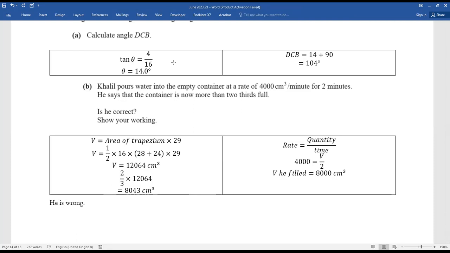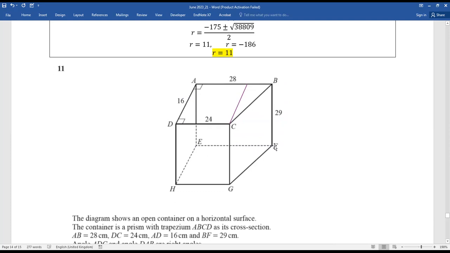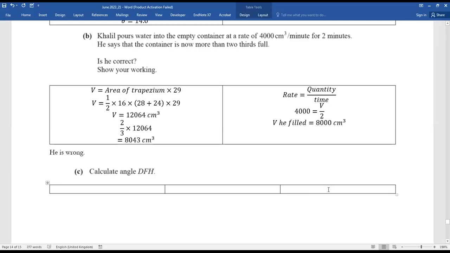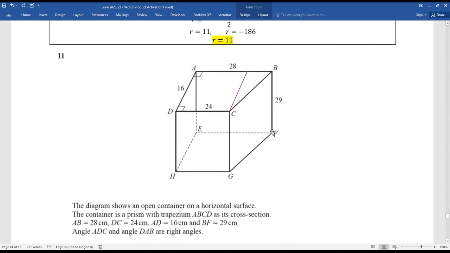the last part, it says calculate the angle DFH. DFH, D, F, and H. Okay, first we need to find, considering triangle DFH, let's find out FH first.